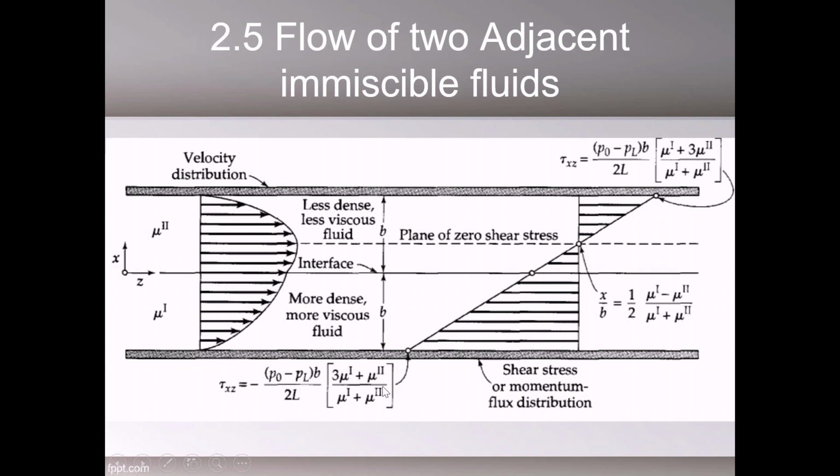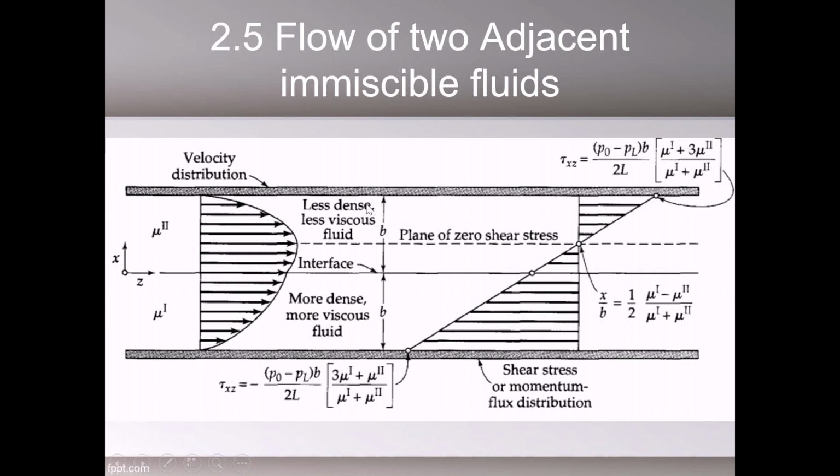That's the same boundary condition we apply here. Why do we say the velocity is 0? Because the plate does not move, so it has the same velocity as the plate. But here, although both fluids flow, at this point they should have the same velocity.